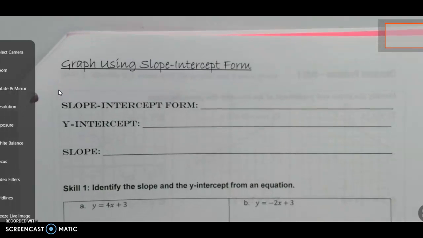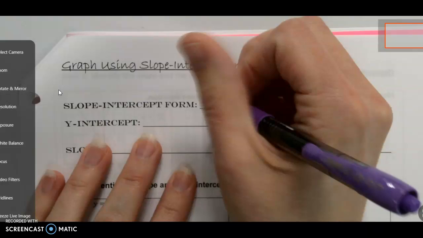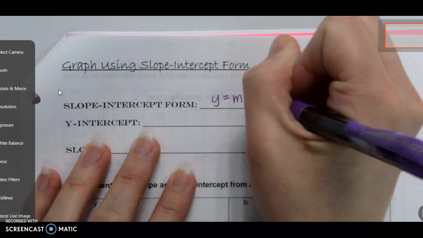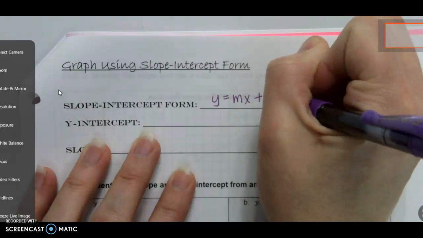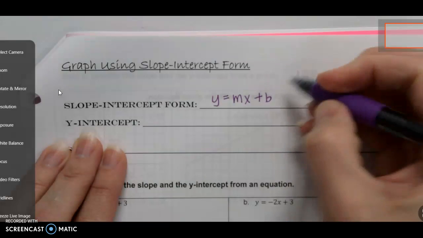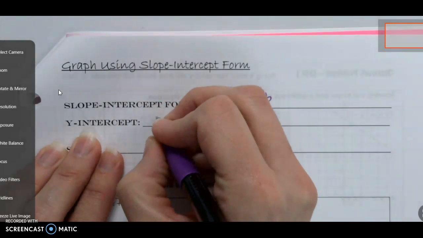Skill number 1, we need to know what slope-intercept form is. The form looks like this: y equals mx plus b, where the y-intercept is going to be this number that usually is on the tail end. It's the number for b.